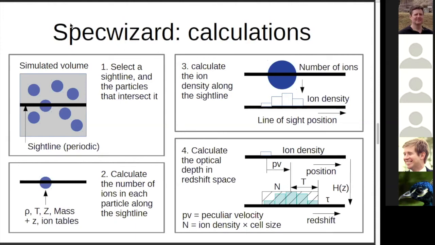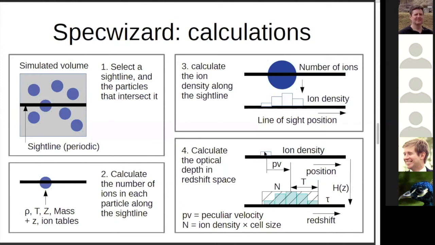Then that is projected along your line of sight, just in position space. So you get an ion density spectrum. And you also get ion-weighted temperatures and peculiar velocities along your line of sight for each of these cells along your sightline.